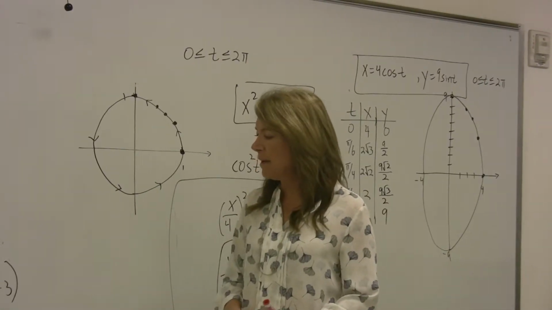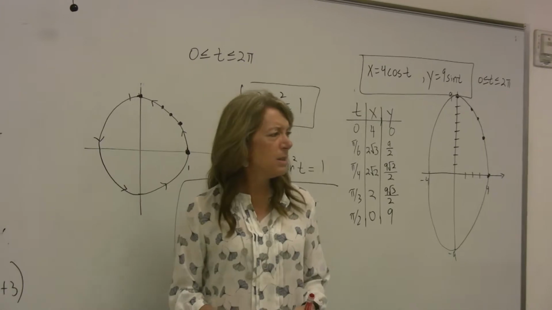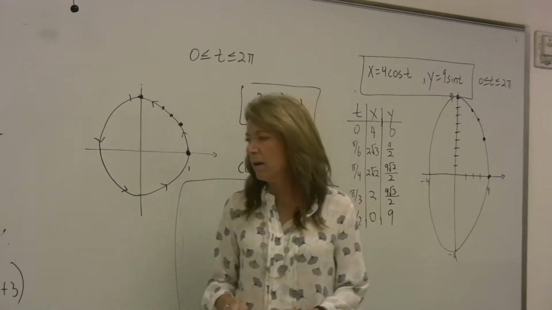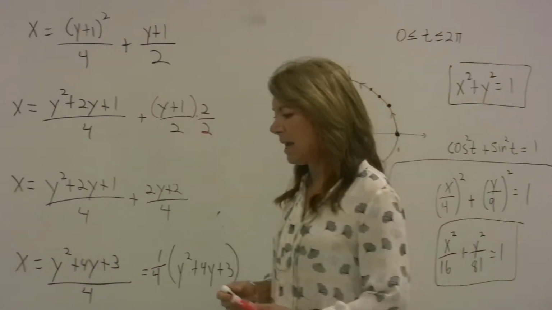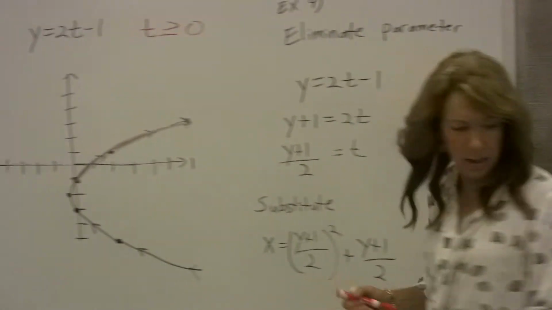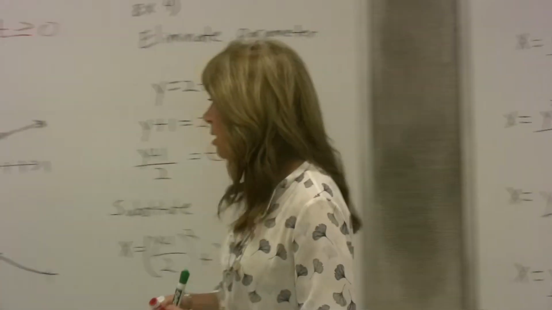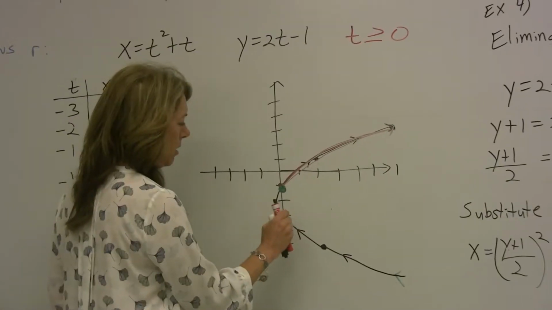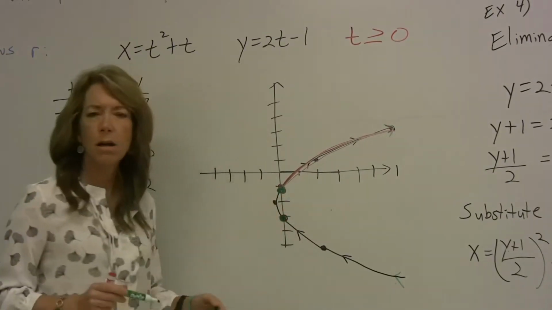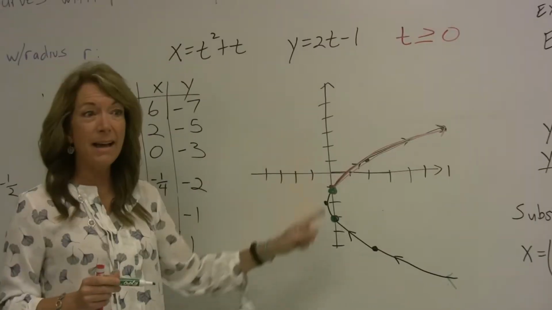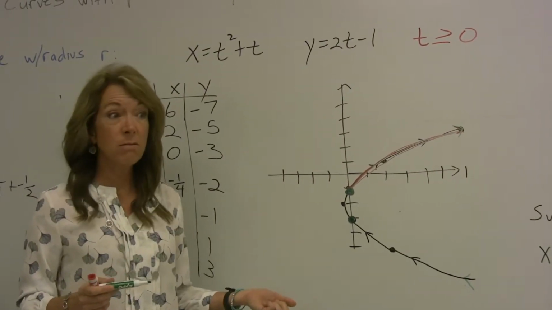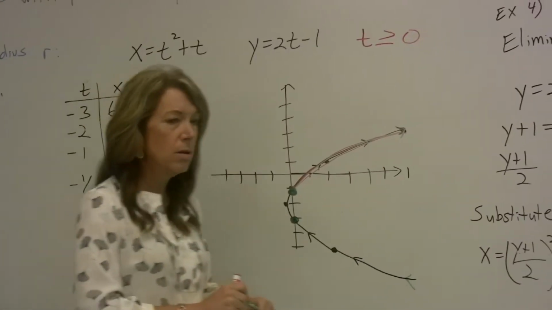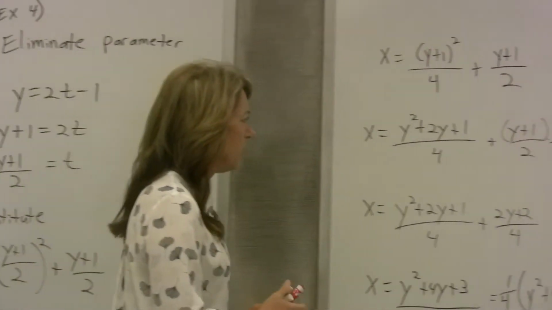What if I wanted to find some intercepts, like where it intersected the axis? What if I wanted to find these points over here? Those points on the y-axis are when x equals 0. So solve for y.